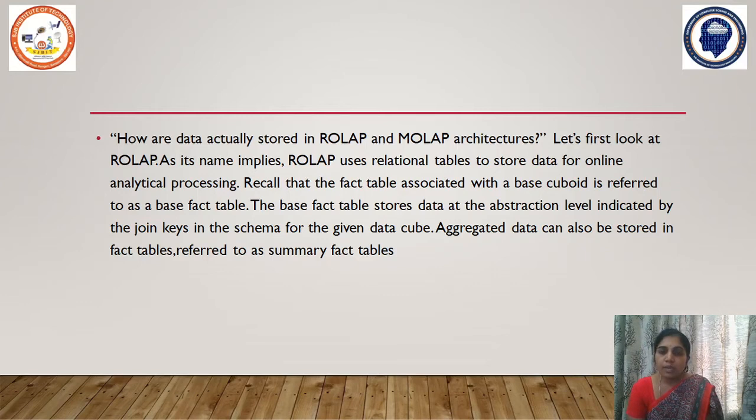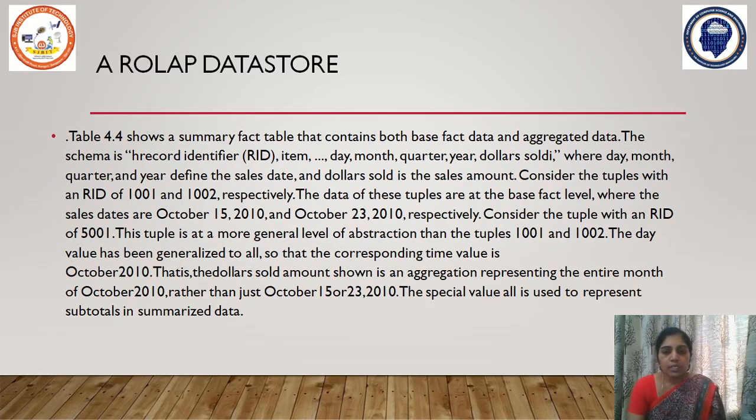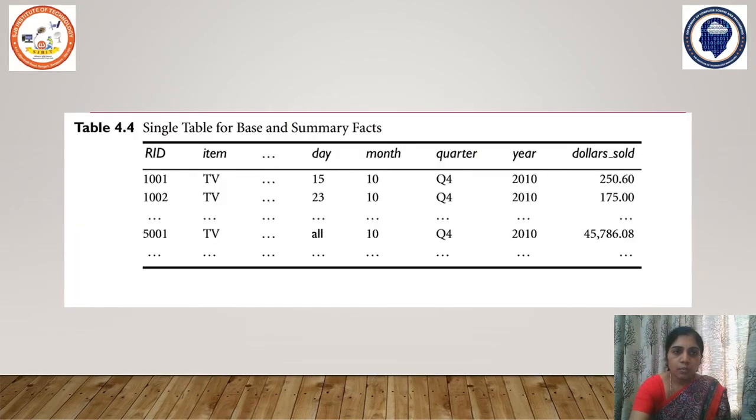Now you need to consider the tuples with RID 1001 and 1002. In 1001, the sales date is October 15, 2010, and in 1002, it is October 23rd, 2010.